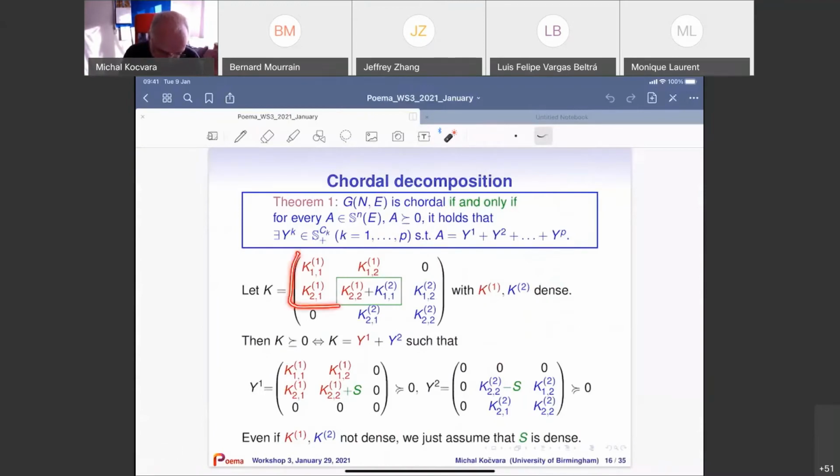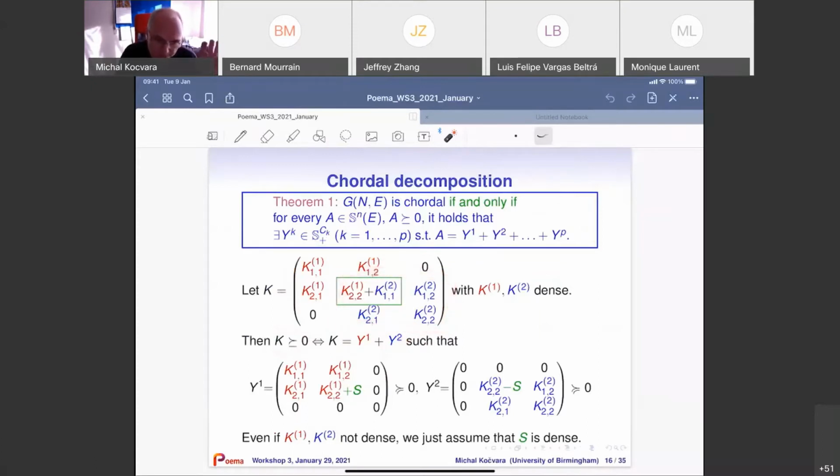So here is that situation. This is my red matrix. This is the blue matrix. And the theorem says that a positive semidefinite matrix K, the whole matrix, can be written as a sum of a matrix Y1, which is only non-zero there, and Y2, which is only non-zero here.